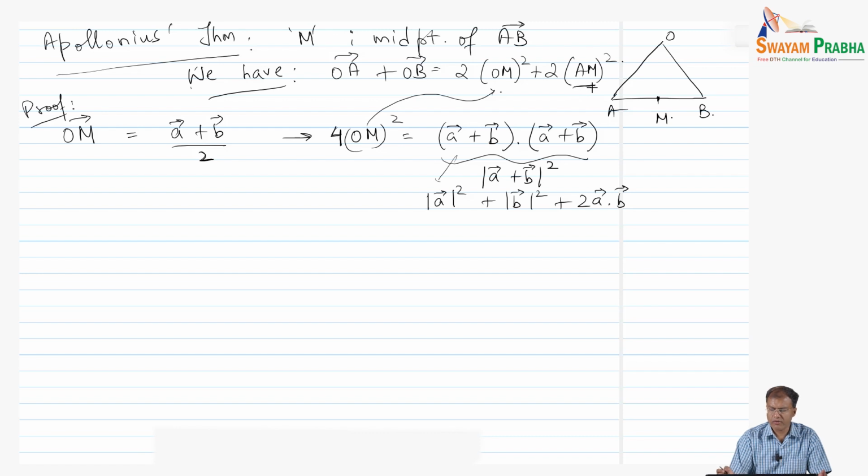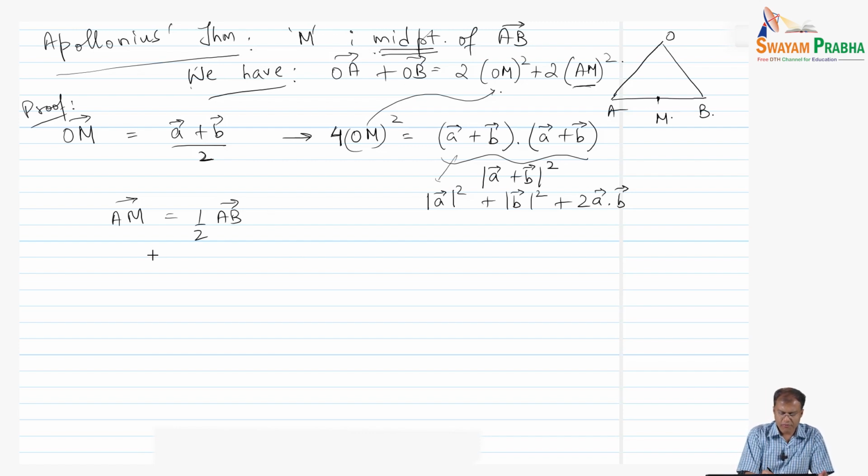Similarly, we can find what is AM square. AM is nothing but half AB, because M is the midpoint of this line AB.